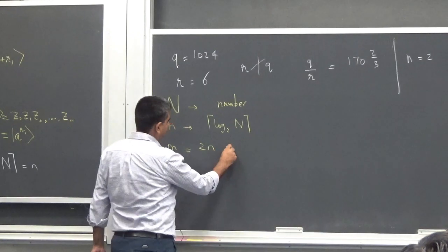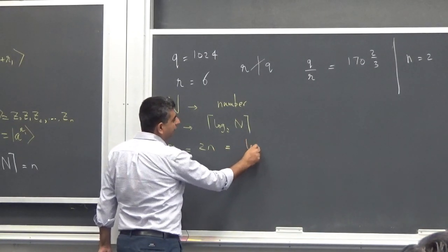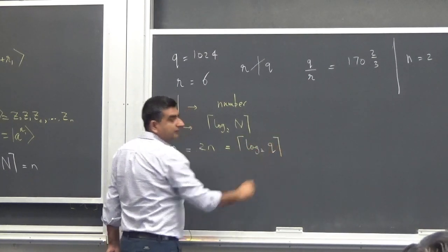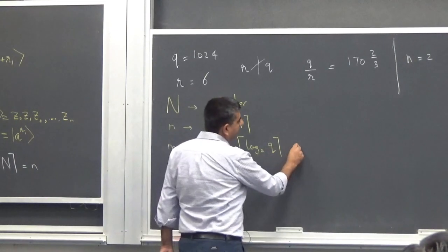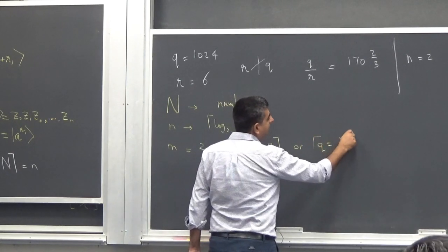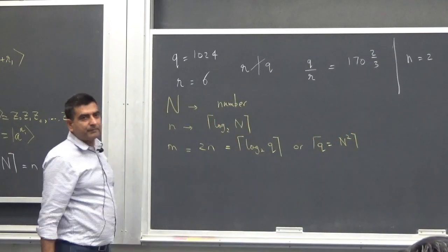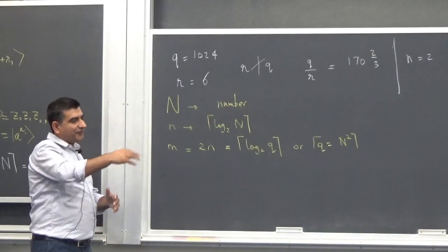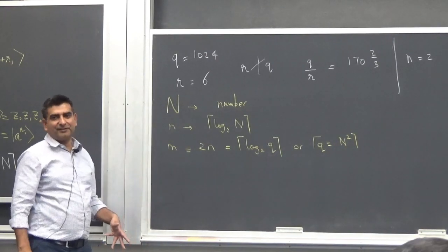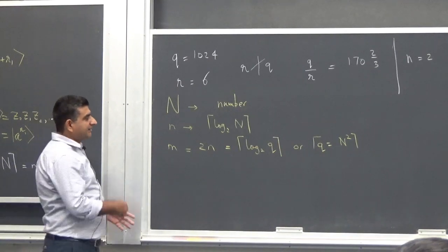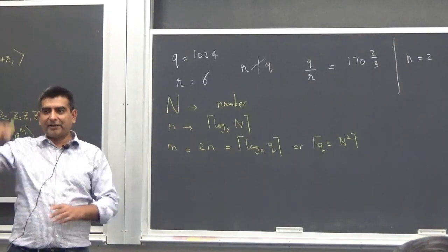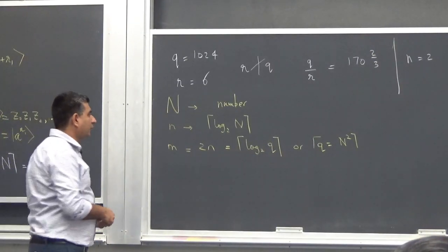And it turns out that this is equal to log of Q, another notation I've introduced, where Q is a power of 2 which comes right after n squared. So this is our notation here. And C is an integer close to Q over R. K is a running variable, right? So you need to understand the notation.